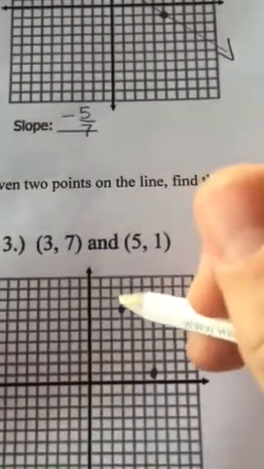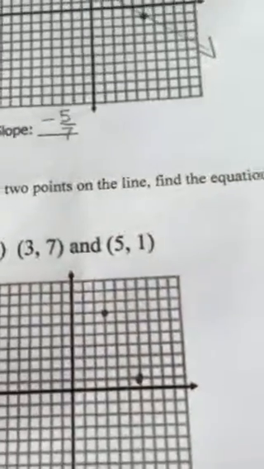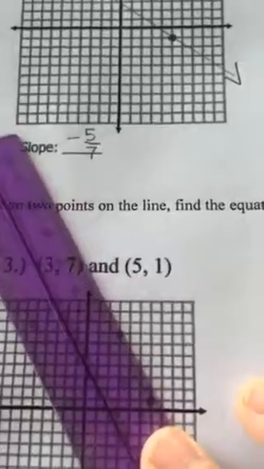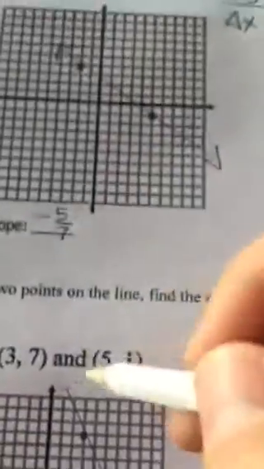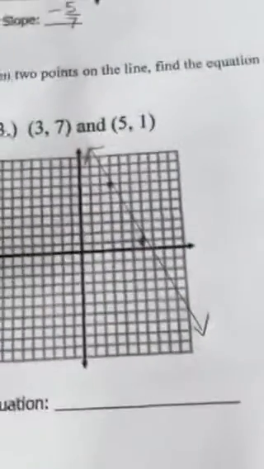Once again, I can tell this is going to be a negative line because of how it's going down on the page. Let me go ahead and connect those 2 points right there real quick. So it's a negative slope.